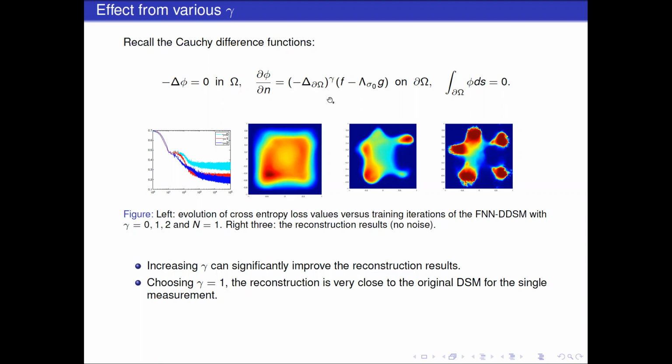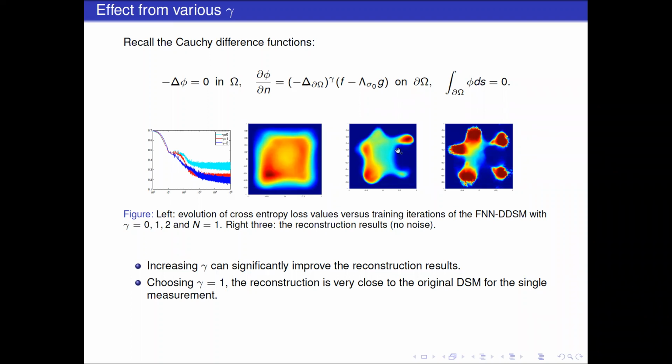Neural networks should be powerful enough to capture this linear operator, but it turns out that this may not be true. For the FNN approach, with a single measurement, we cannot obtain any reasonable reconstruction for gamma equal to 0. But if we choose some non-zero gamma, we have a much more accurate reconstruction.